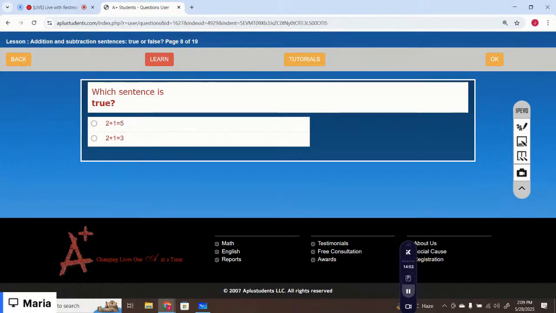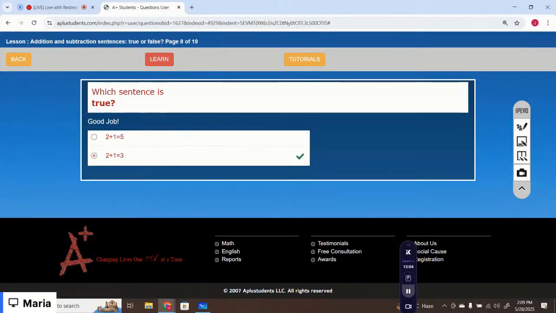Which is the correct option? Option number two is the correct option. That is 2 plus 1 equals 3.